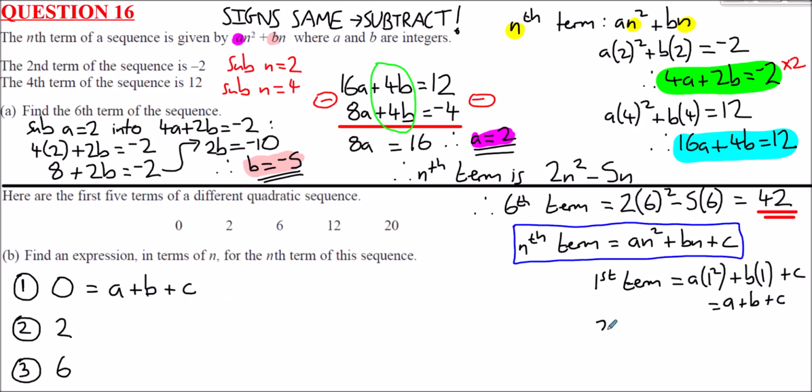The second term, we can use the same idea. So the second term, just plug in when n is 2. So that's going to be a times 2 squared plus b times 2 plus c. 2 squared is 4, so we get 4a plus 2b plus c. So 2 equals 4a plus 2b plus c.